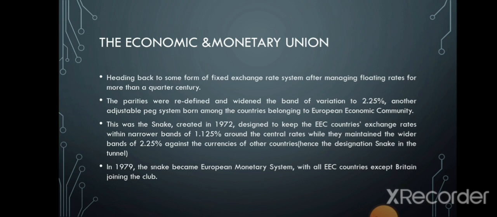Heading back to some forms of fixed exchange rate system, after managing floating rates for more than a quarter century, the parities were redefined and the band of variation widened to 2.25%. Another adjustable peg system was born.